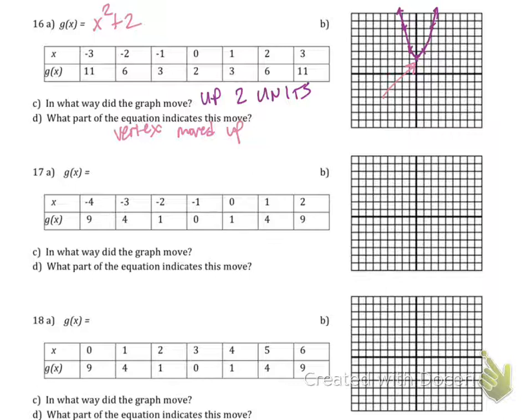For number 17, -4, 9 would be up here. -3, 4 would be here. -2, 1. -1, 0. 0, 1. 1, 4. 2, 9.